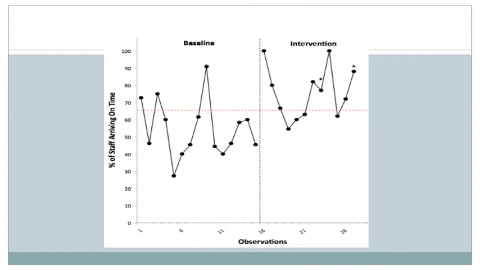So what happened was that we had 2 good data points, and then 2 not quite as good data points. So we changed the criterion so that we only have to meet the 70% criterion 2 times to get the incentive. And the stars indicate when that happened. But basically, introducing this intervention led to a change from about 50% of the employees coming in on time to a little over 70%.